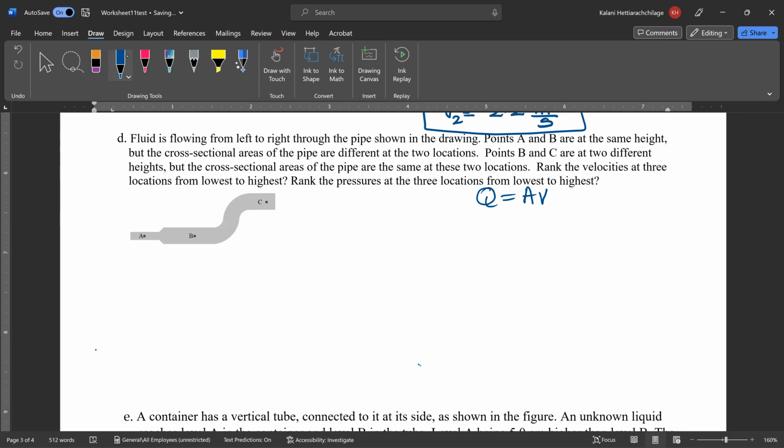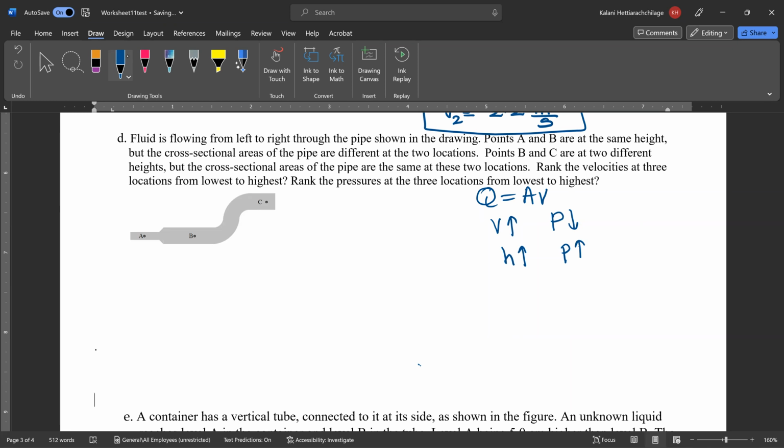The other thing is the Bernoulli principle says that if velocity is greater, pressure is going to be lower. And also, when the depth is greater, pressure is going to be greater. Not the height, I'm talking about the depth.